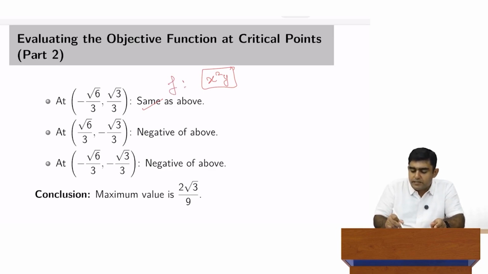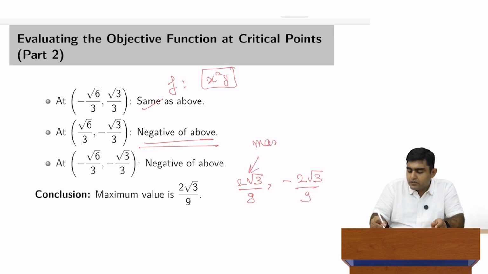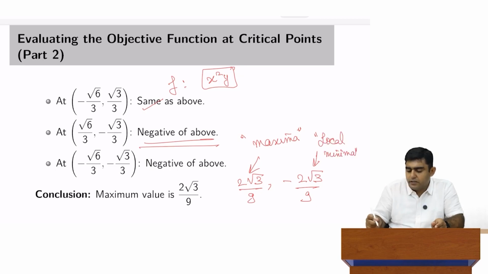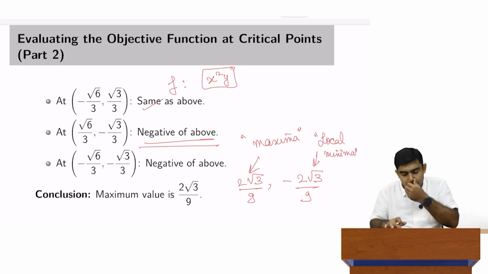If we change the sign of y though, we will get the negative of the above, and hence we are looking at two values, which are 2 root 3 by 9 and minus 2 root 3 by 9. We certainly know that since all necessary conditions are met, the positive value corresponds to local maxima, the one with negative value corresponds to local minima, and all conditions are being met here. So, these are the 2 points of interest.